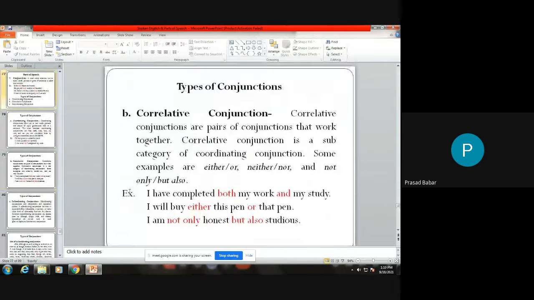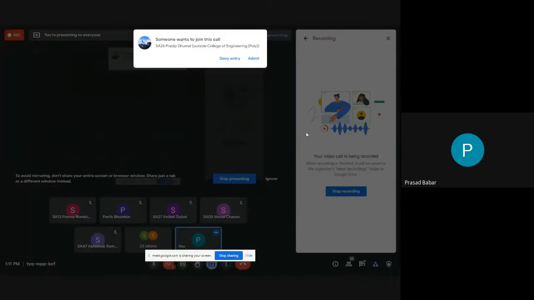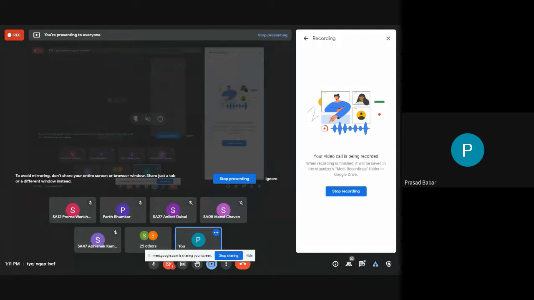Let's summarize it once again so that you will remember. In the last lecture, we discussed the seventh part of speech. It is conjunction. A conjunction is a word which connects two or more words, phrases, or parts of sentences.